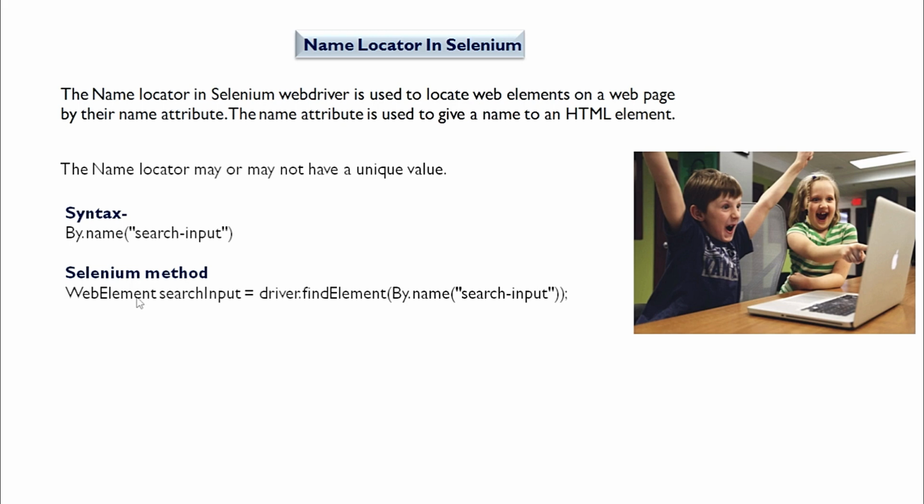And this is the Selenium method driver.findElement. It will return the web element By.name, and you can pass the value of the name attribute. If the element is not found when you are writing with the name locators, then you will get the NoSuchElementException from Selenium.